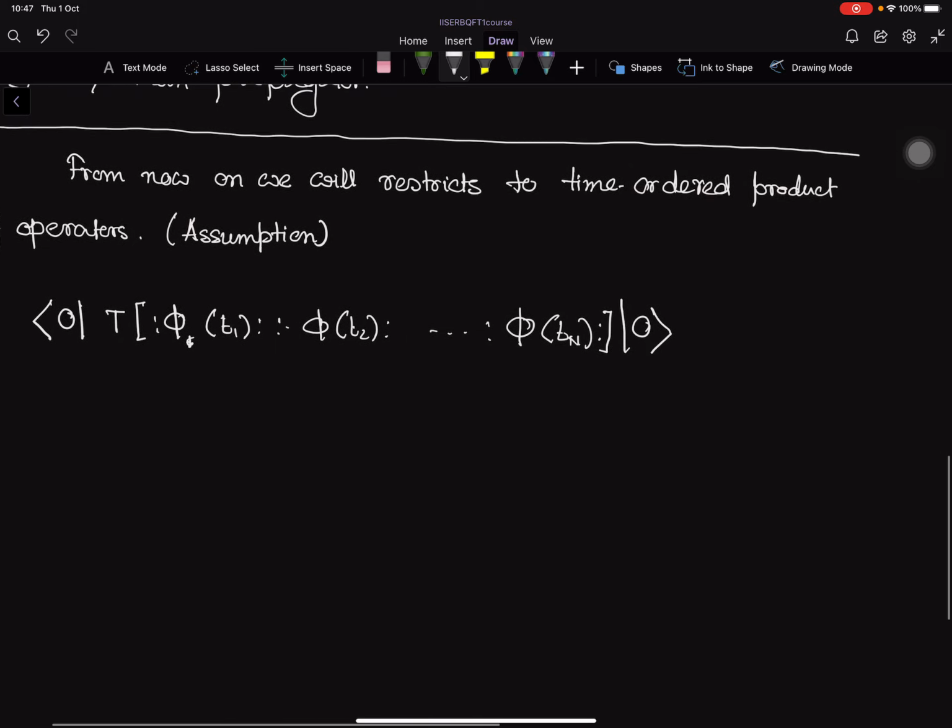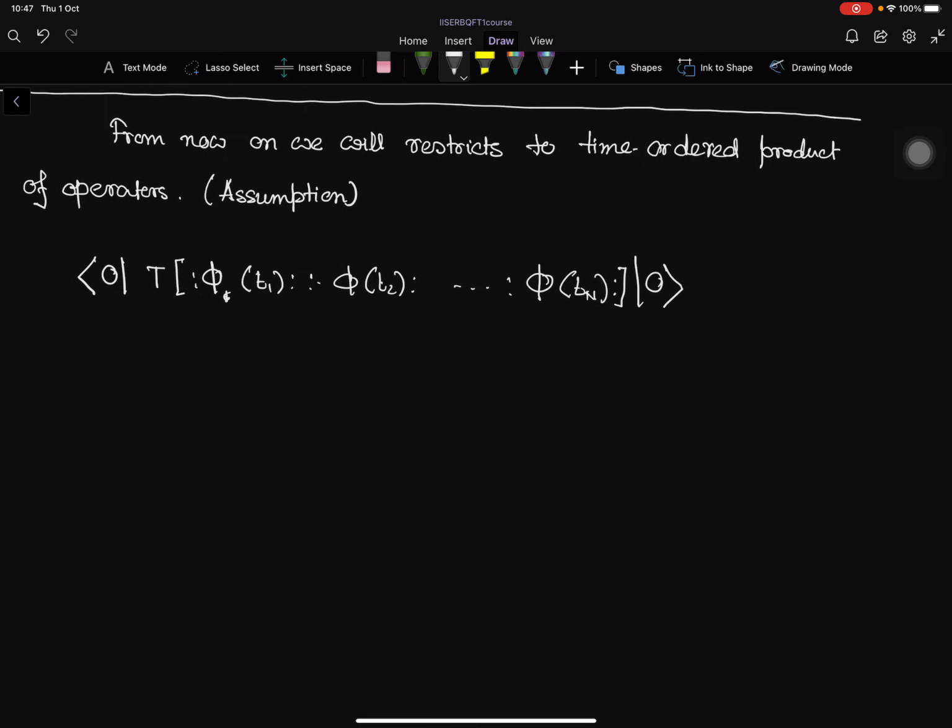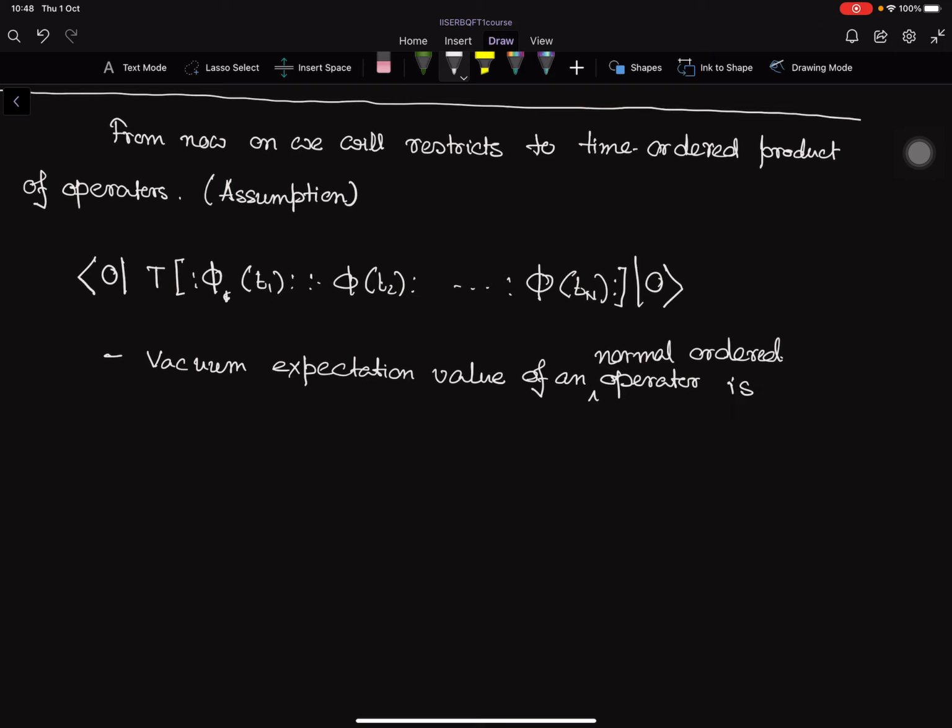Now we have already proved in one of the previous lectures that the vacuum expectation value of a normal ordered operator is 0 unless it is proportional to the identity.